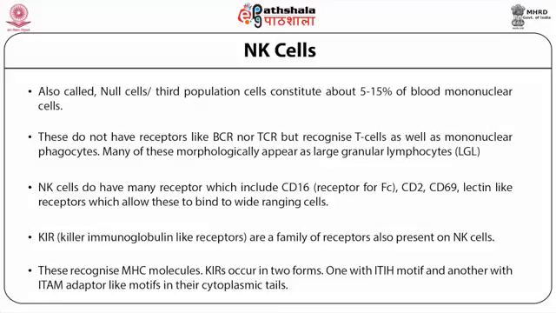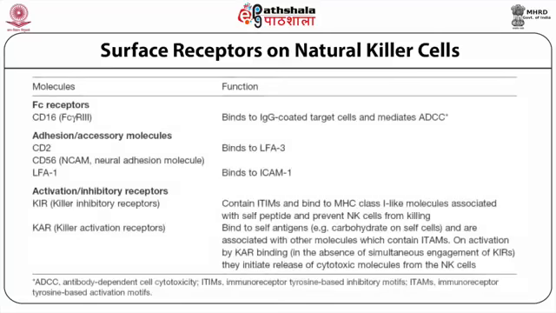These motifs have been explained in the signal transduction chapter. The number of KIRs varies from individual to individual. Not all NK cells express all the receptors. Each NK cell has a set of receptors which enable it to monitor change in one group of MHC molecules.